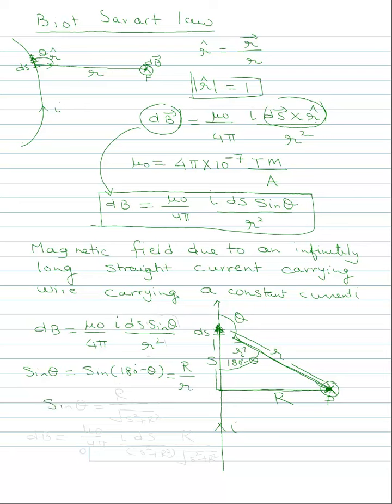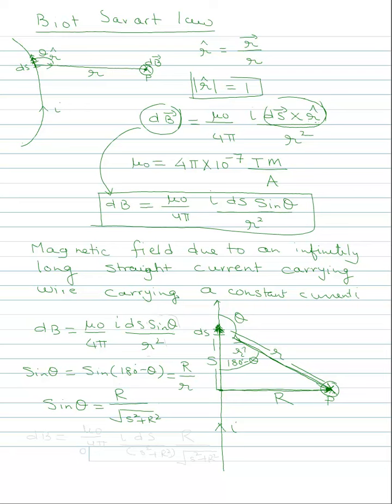In other words, sine theta will be r divided by square root of s square plus r square, because from this right angle triangle you can write this variable little r in terms of s and r.